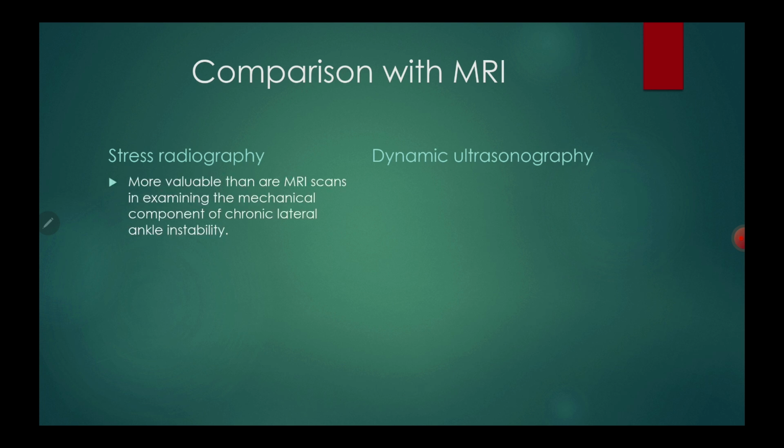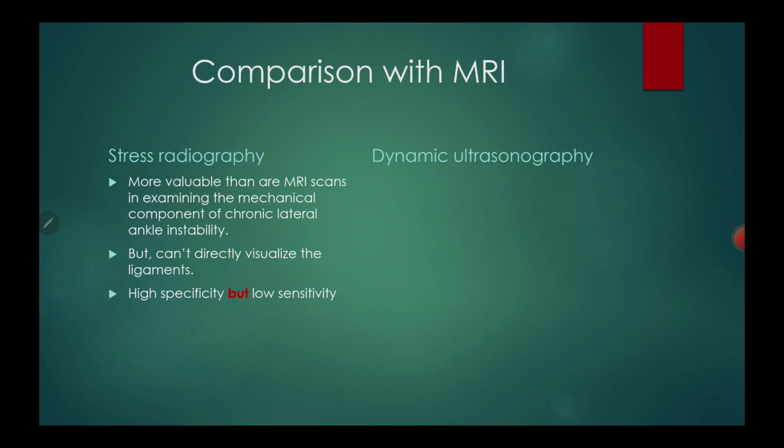So stress radiography is more valuable than MRI scans in examining the mechanical component of chronic lateral ankle instability. But obviously we can't directly visualize the ligament. We can only see the indirect signs of the instability, and it has high specificity but low sensitivity.